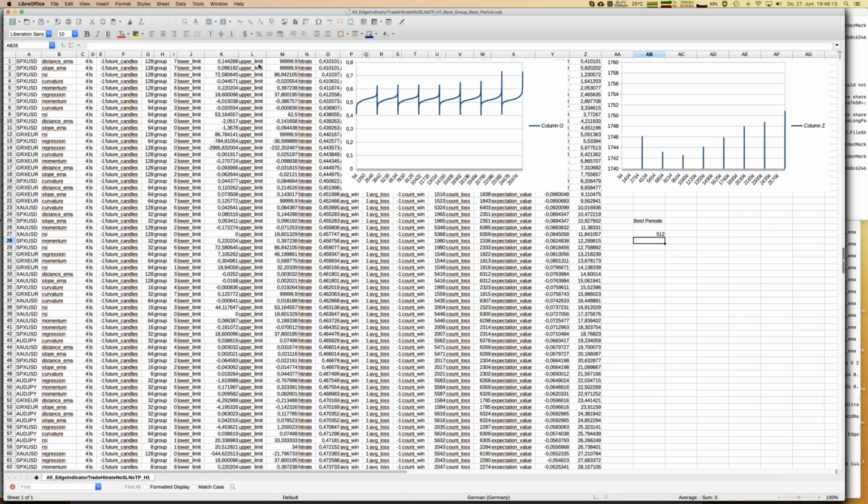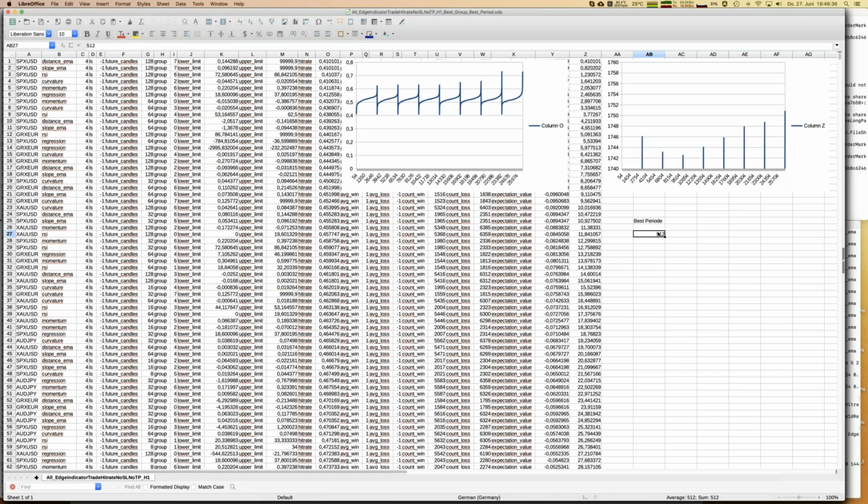If I go over all my different symbols, here's the answer. It's the longest one, 512. So let's call it 500. So using an indicator with a long period, not too long because then it's getting meaningless, that's exactly where we should look for edges.